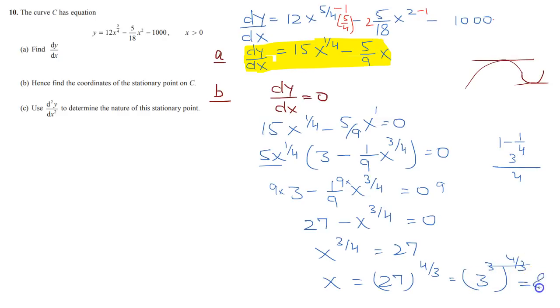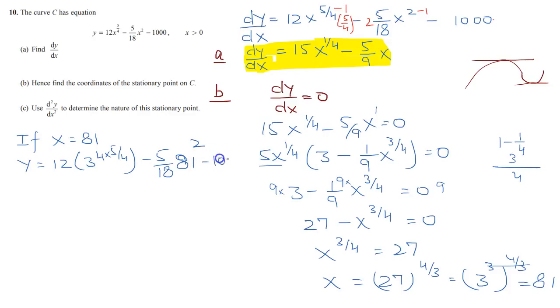So 3 to the power 4, that is 81. So if x is 81, y will be 12 times 81, which can be written as 3 to the power 4, times x to the power 5 over 4, minus 5 over 18 x squared, 81 squared, minus 1000.